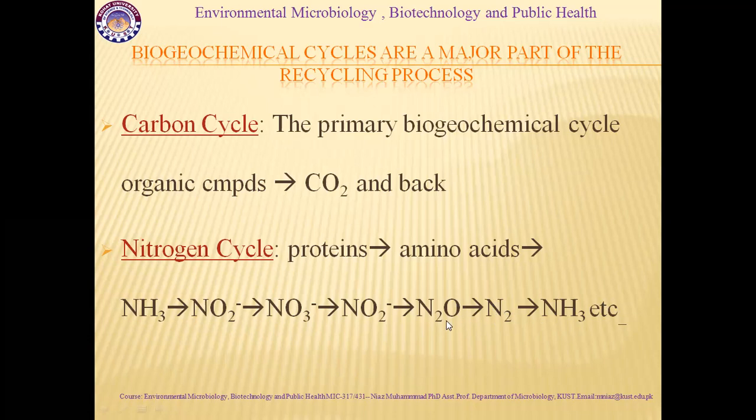It is the most unstable element, which is converting and changing itself into various forms. In all these things, it is converting from its organic form to gaseous form to subcomponent form to elemental form. These are done by microorganisms.